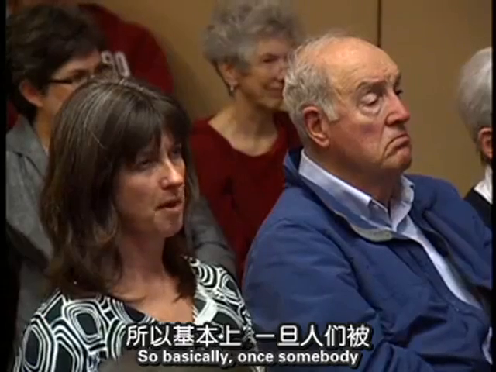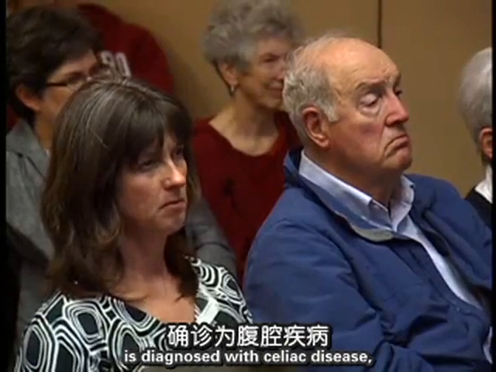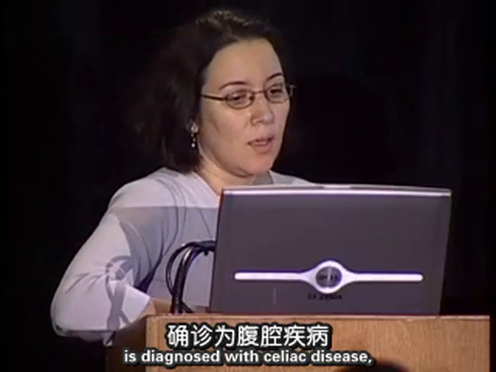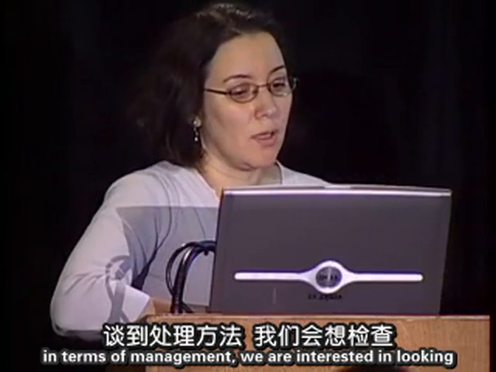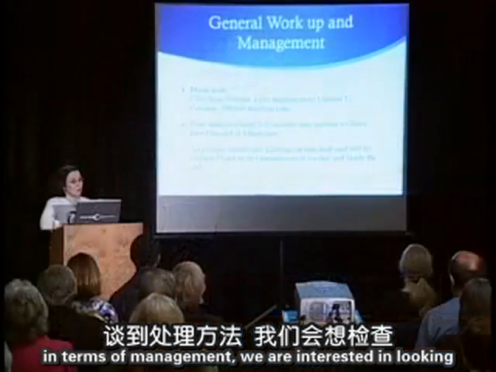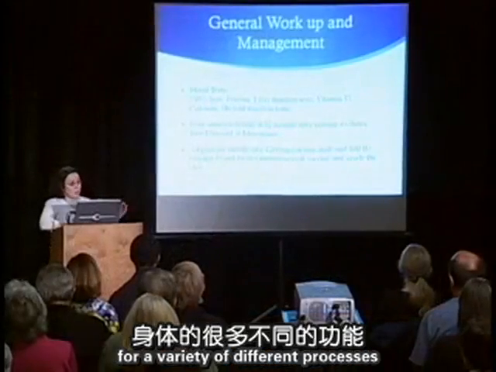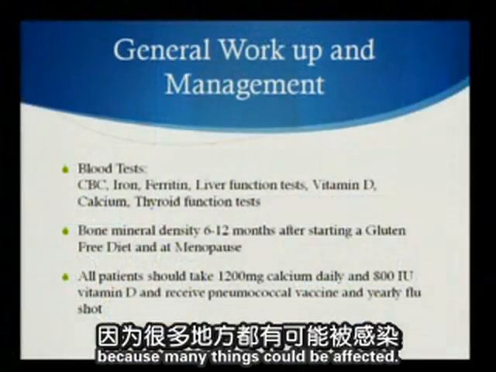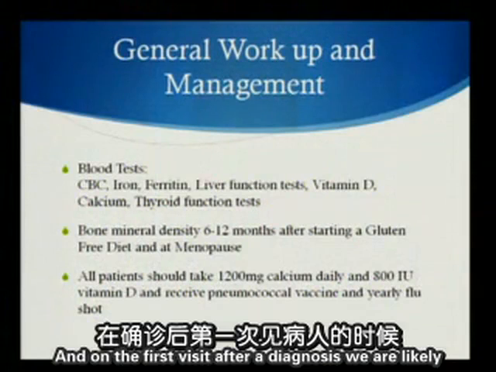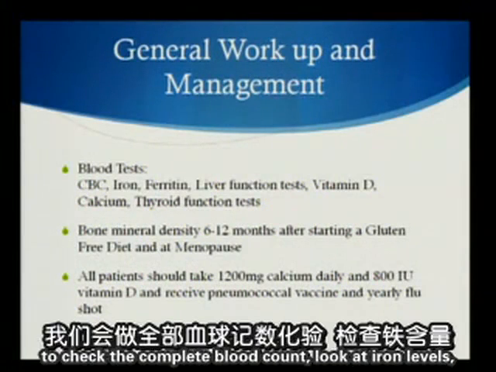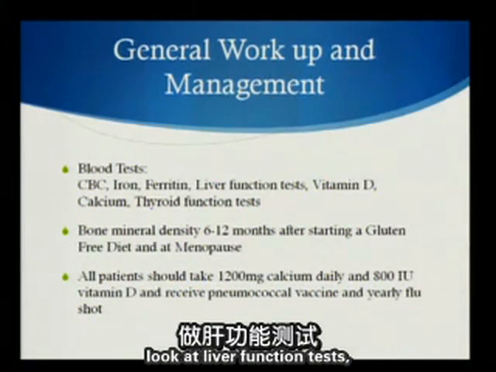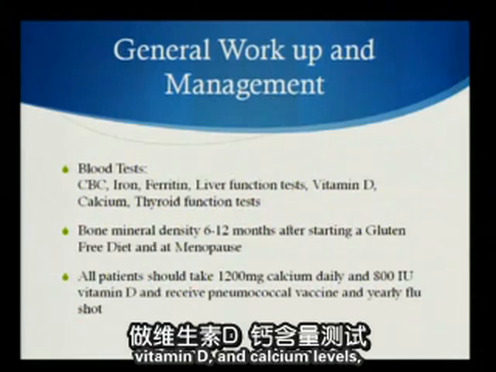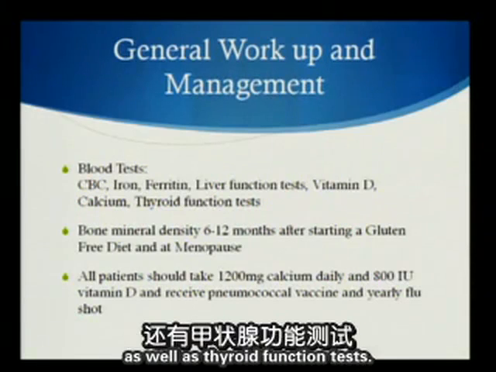Once somebody's diagnosed with celiac disease, in terms of management, we are interested in looking for a variety of different processes because many things could be affected. On a first visit after a diagnosis, we're likely to check a complete blood count, look at iron levels, liver function tests, vitamin D and calcium levels, as well as thyroid function tests.